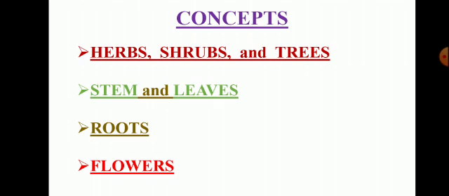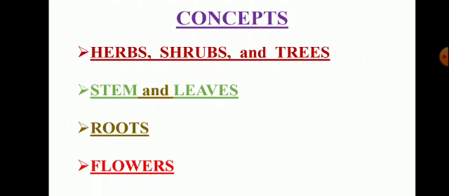Plants have leaves, flowers, fruits, stem and root, which are also different. Plants are divided into different categories. Plants are categorized on the basis of their size as small, medium or large.